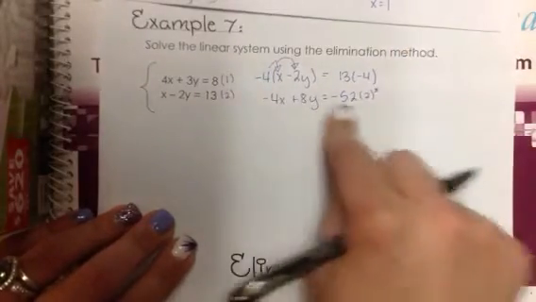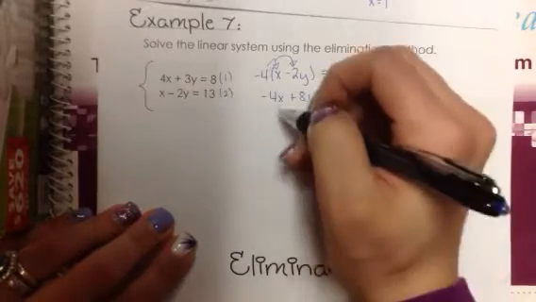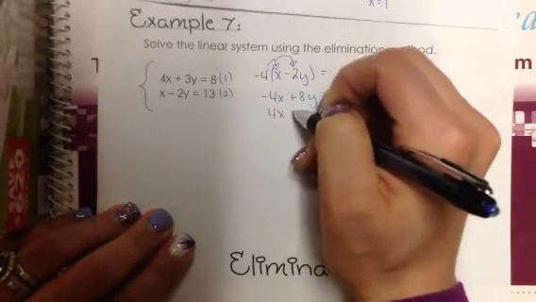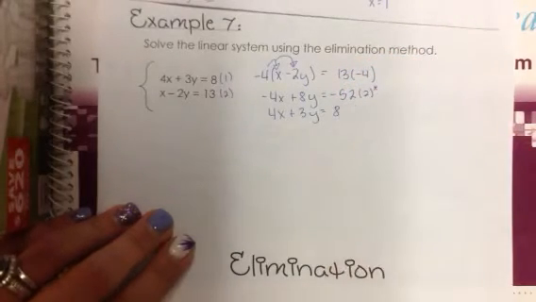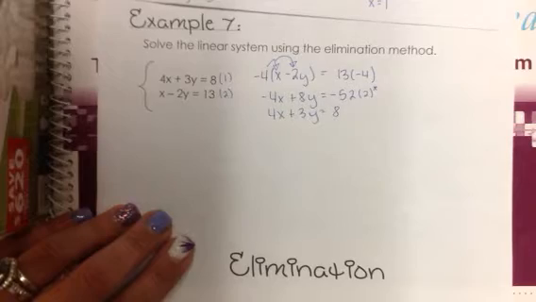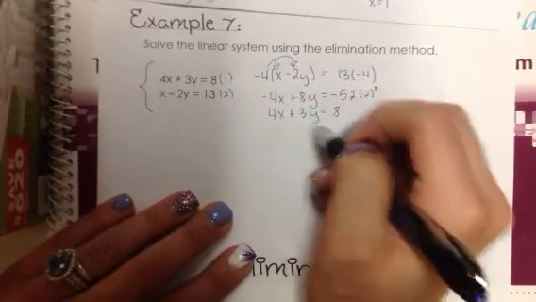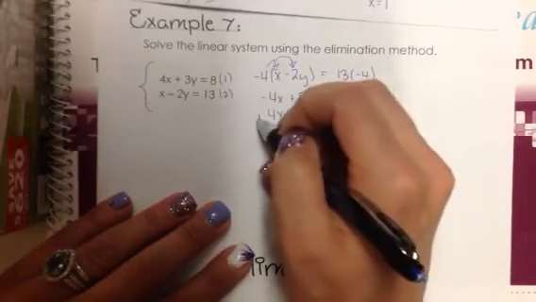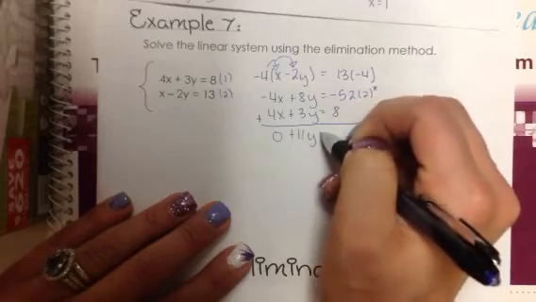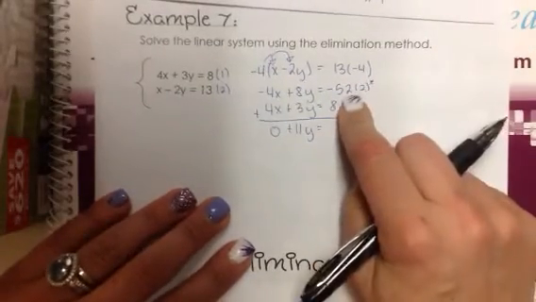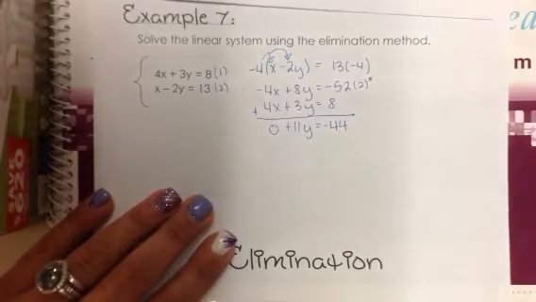So this is now my modified second equation. So I can add this one to my first equation and have the x variable eliminated. So let's rewrite equation number 1. And we will get that this is 0 plus 11y equals -52 plus 8 is -44.